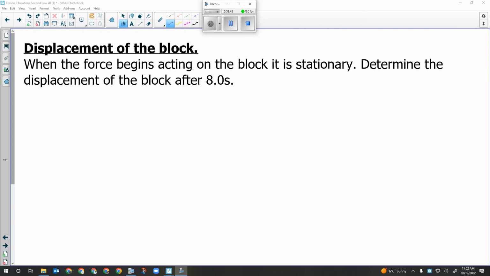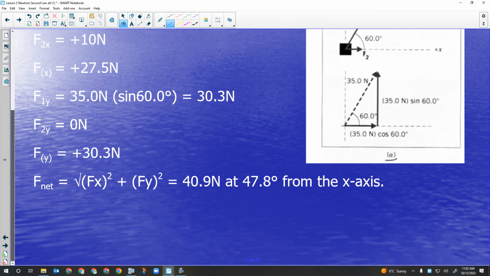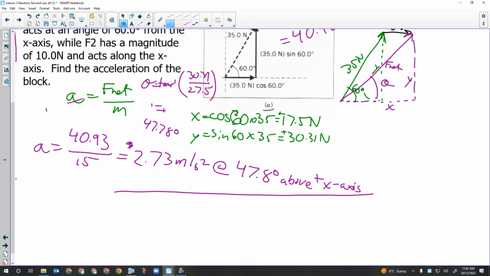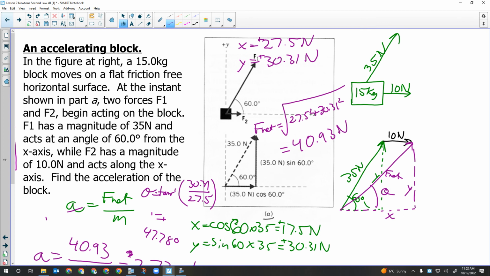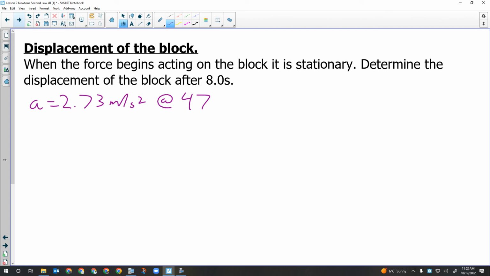We calculated the net force to be 40.9 newtons, and the acceleration to be 2.73 meters per second squared, and that would be at 47.8 degrees. So I'm just going to carry that over from the net force part of the question that I did before.